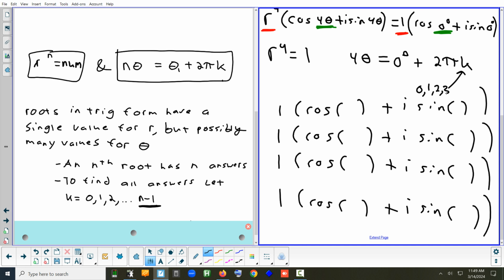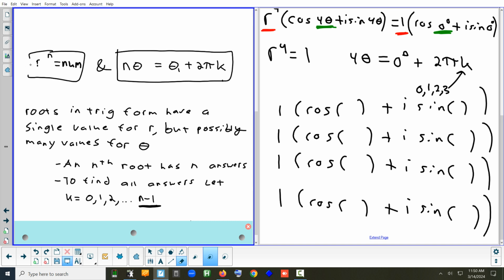What's the formula up there? Is it like k to the n equals nkm? No, that's it. So r to the n equals the number they give you. And then n theta equals, and I changed my notation a little, it's just like that.